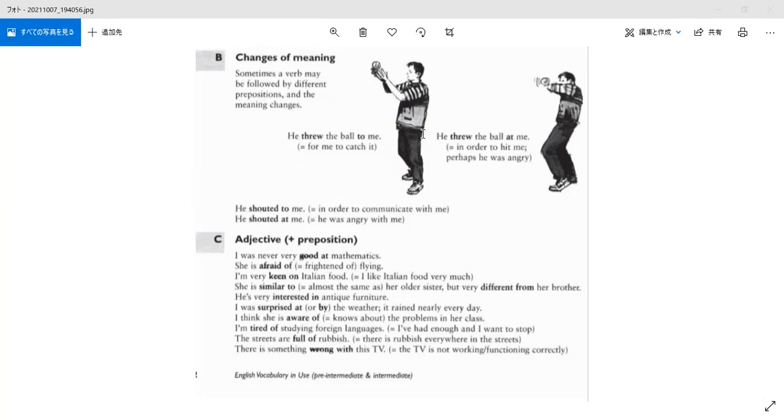That's if it's clear, but this one is not clear. How do you say it?